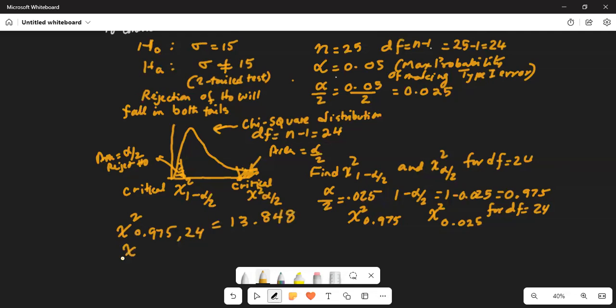Okay, and chi-square 0.025 with 24 degrees of freedom is 39.646. So these are my critical values.